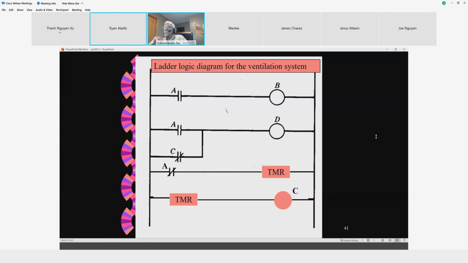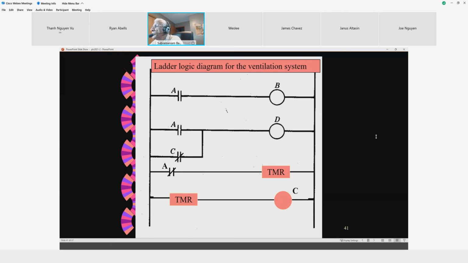Sorry, do you mind just repeating that? When you have a timer block, the assumption that we have made, it needs an input. Okay, there is an input to the timer. When the input is on, the timer's output is 0 until the timer comes down to the programmed time. Then only it comes up, right? So here, when A is triggered, what will happen?